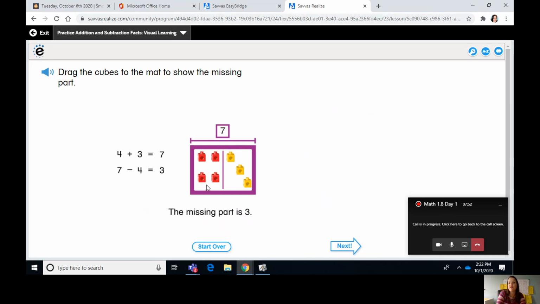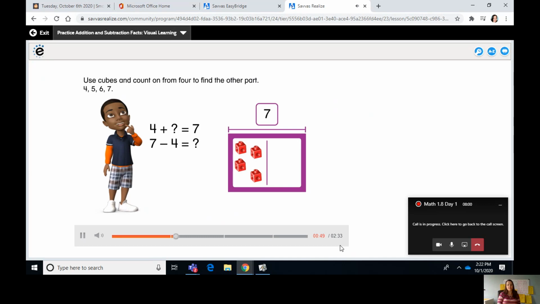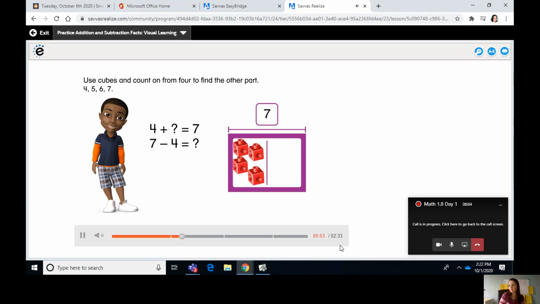So part is 4, the other part is 3, and the whole is 7. Use cubes and count on from 4 to find the other part. 4, 5, 6, 7. The other part is 3. So 7 minus 4 equals 3.